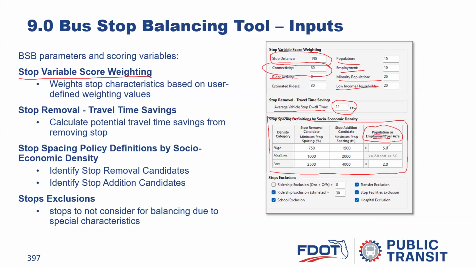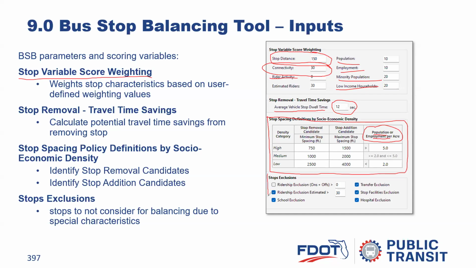So either one that is greater than 5.0, and then medium is between 2 and 5, and low is less than 2 in this case. But you can edit any of these values as well. When you do edit these, they are saved. So they become your basically bus stop balancing parameters, right, for your agency.